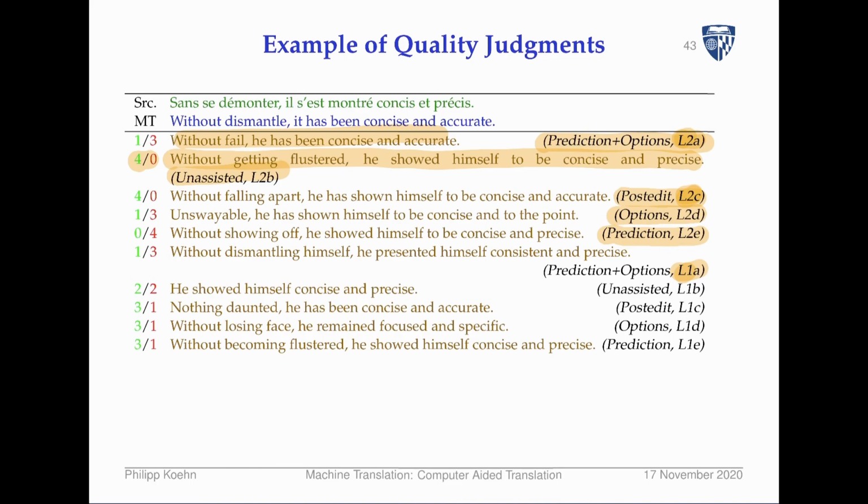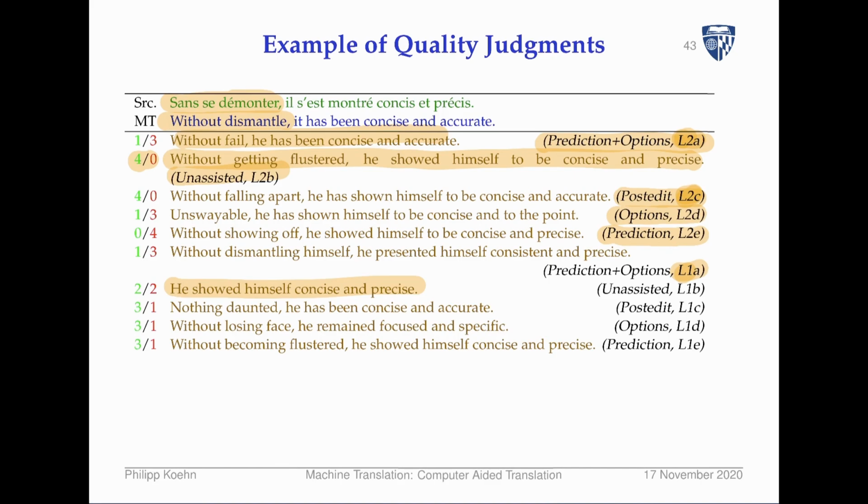Generally, translators seem to be rather negative in their judgments. Also quite inconsistent. So, "he showed himself concise to precise." The hard part is the beginning, where MT says "without dismantle," which is definitely not great.